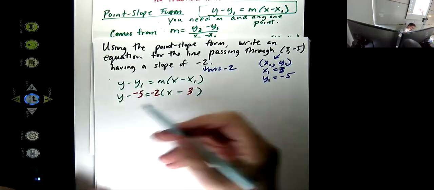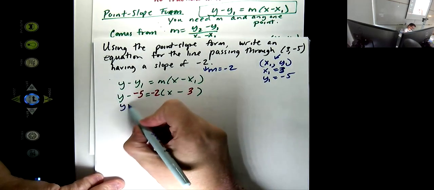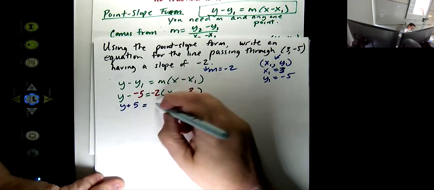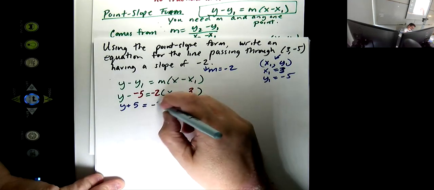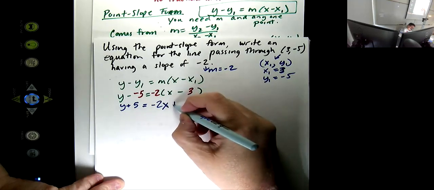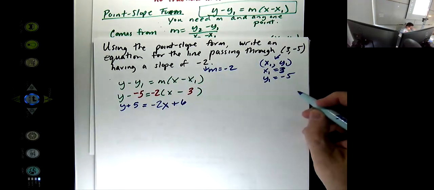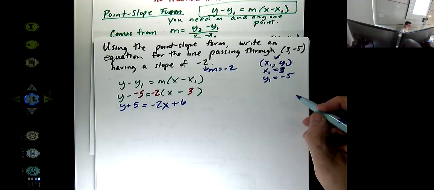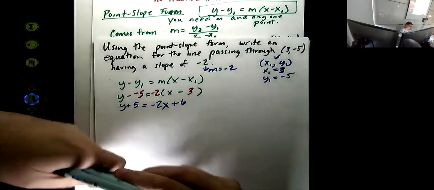We do that, we can clean it up a little bit. This is y plus 5, and this is -2 times x is -2x, and -2 times -3 is +6. Now from here, we've got 2 paths we can go.